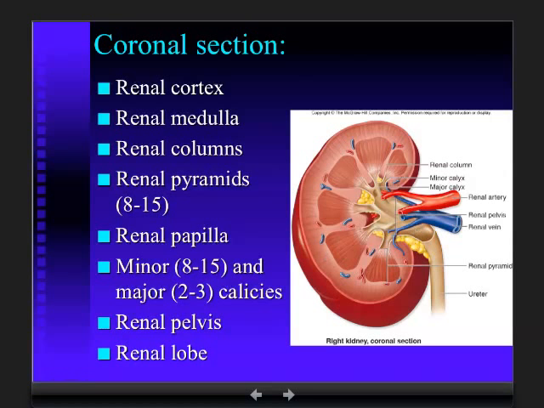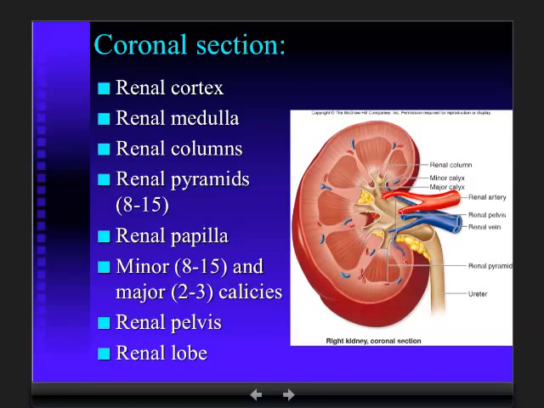So by the time something reaches this space here, it's urine. That's when it's urine. It isn't urine at any time before that. Before that, it's called filtrate, because we're still adding things and taking things away from it. We're not ready to let it go yet.